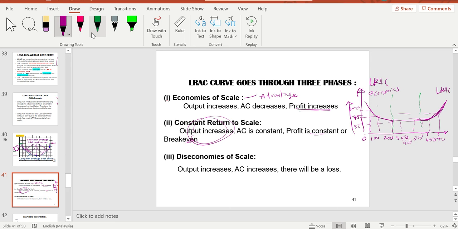Okay, yang bila sampai kat sini ni kita panggil these diseconomies of scale. Itu adalah disadvantage. Ini adalah masalah yang producer akan hadapi in the long run, because bila kita tambah lagi penghasilan barangan, output ataupun kuantiti, average cost itu akan makin meningkat dan menyebabkan kita rugi.